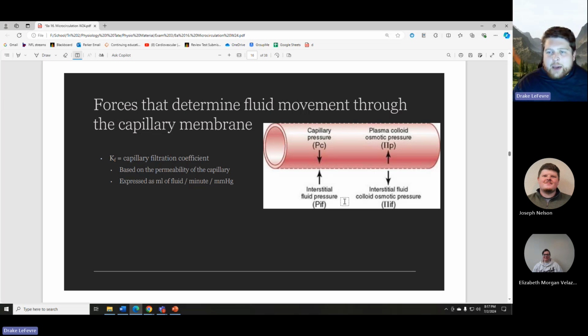Like our continuous capillaries are not going to be permeable to proteins, to red blood cells, but our sinusoidal capillaries are going to be permeable to those things. That's what determines this coefficient. We look at what's the type of capillary, what's trying to get out of it, and how much stuff is actually going to be able to get out of it at a time.